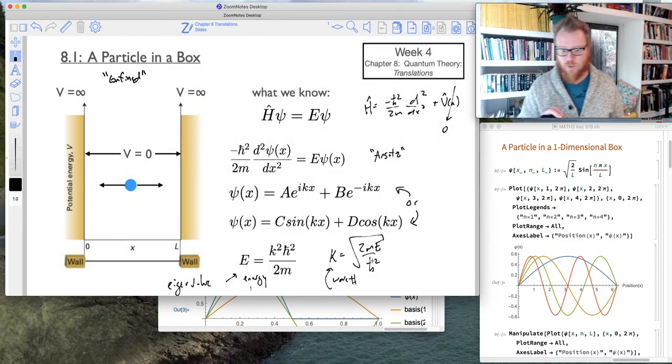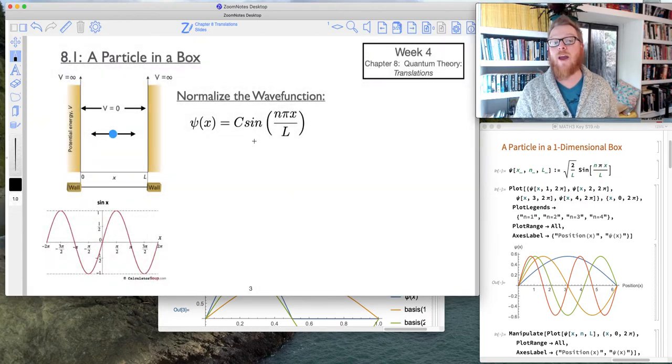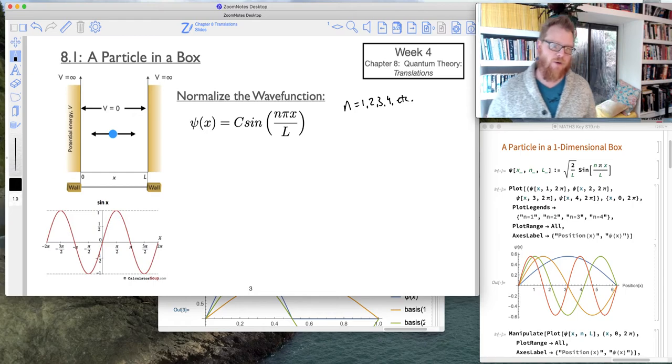We're going to see that we can combine these results algebraically. So now if we know one way to write k is n pi over L, then we can write this wave function as c times sine of n pi over L times x, where again, we remember that n is 1, 2, 3, 4, etc.